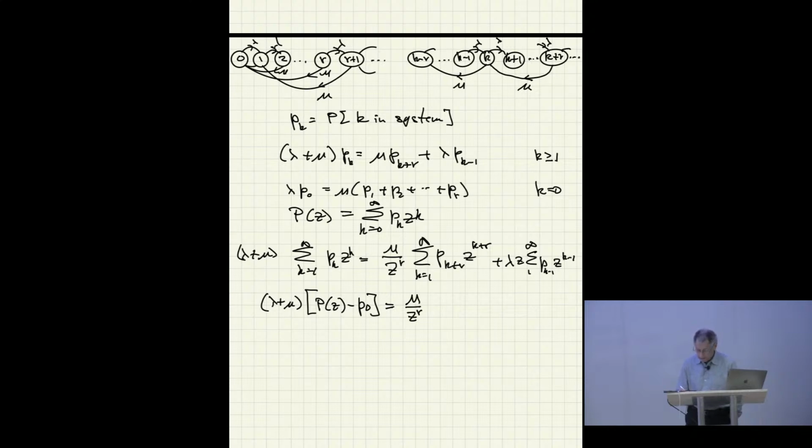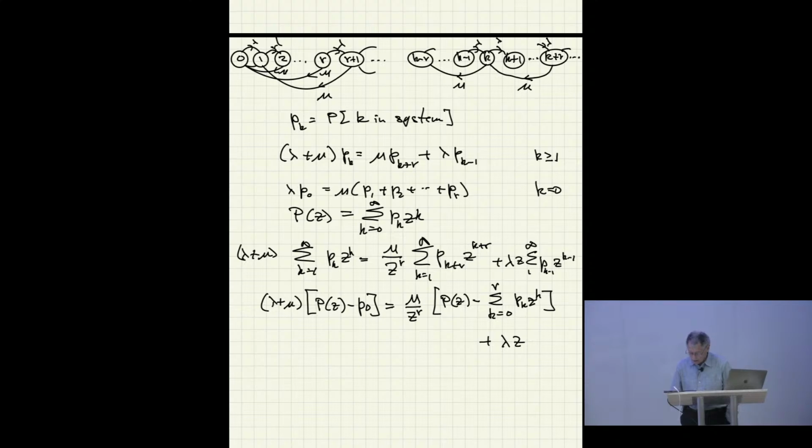Now when k is 1, I start off with r plus 1. So let's put them all back and give them back. Put them all in and take them back out. And that'll be all of P of Z minus a sum, which I didn't have. And that sum is a summation k equals 0 up to r of pk z to the k plus lambda z, and it's all there when k equals 1.